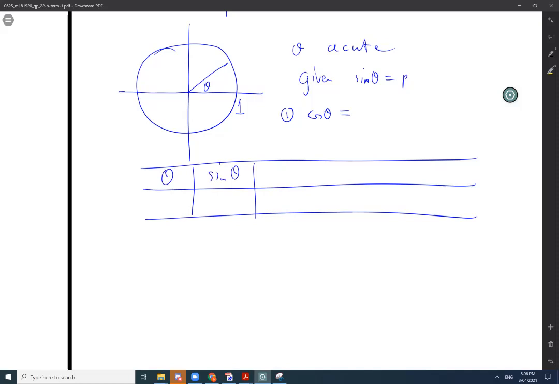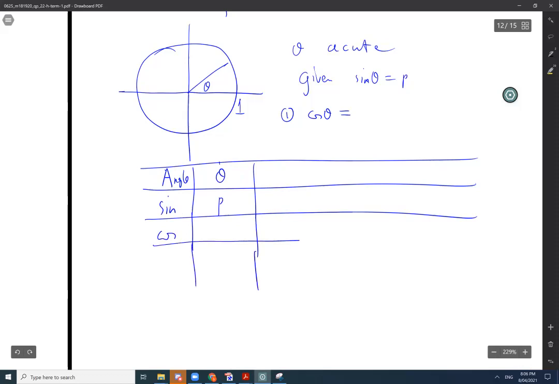Maybe here, angle. Sorry, I'll make up a random one. This is the angle, just theta. Sine theta just equals p. What's cos? What's tan?